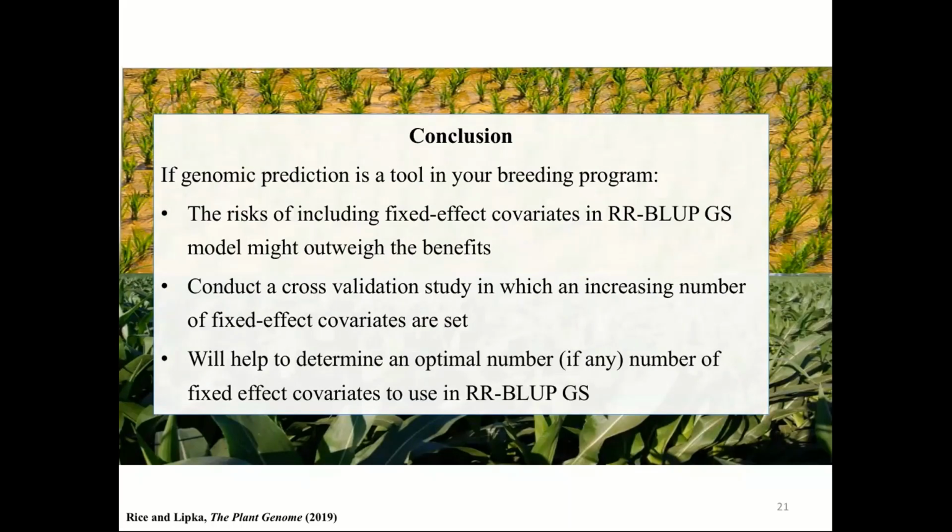Worst case scenario, no harm, no foul. This cross-validation study will tell you that having no fixed effect covariates is the best way to go, and you should proceed with the standard RR-BLUP genomic selection model.